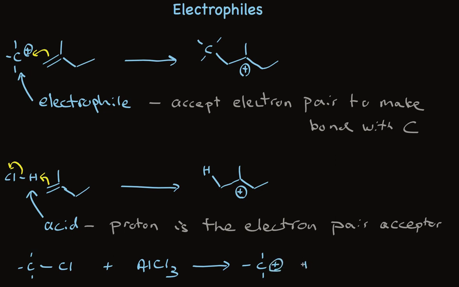This happens because aluminum gains a filled outer shell in the process, with a formal negative charge. That pair of electrons forms the bond with aluminum. For reactions forming bonds with things that don't have carbon, we're going to call these Lewis acids. Otherwise, we're going to stick with our terms: electrophile, accepting a pair of electrons from carbon; acid, a proton accepting a pair of electrons from carbon.